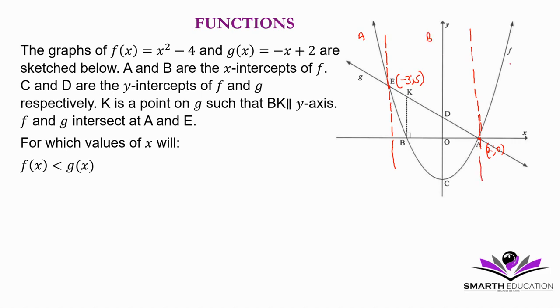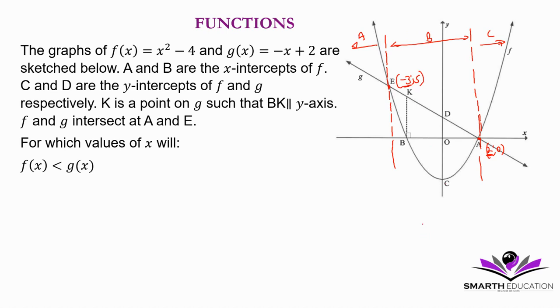That's region B. And then region C, when x is greater than 2. When x is greater than 2, going this way. When x is less than -3, going this way. And when x is between -3 and 2, we're referring to the x coordinates.